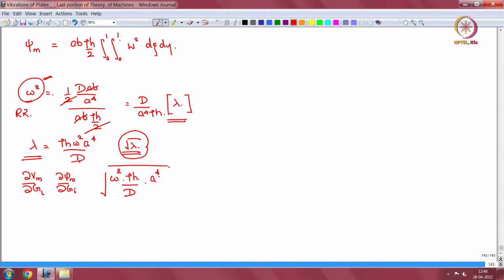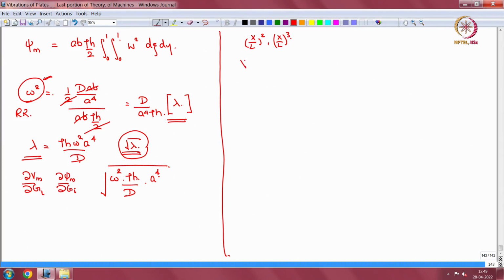Now what about the actual functions? In the earlier places for the cantilever beam, what did we see? We saw x by L whole squared, x by L whole cube, etc. So, here the author takes first.